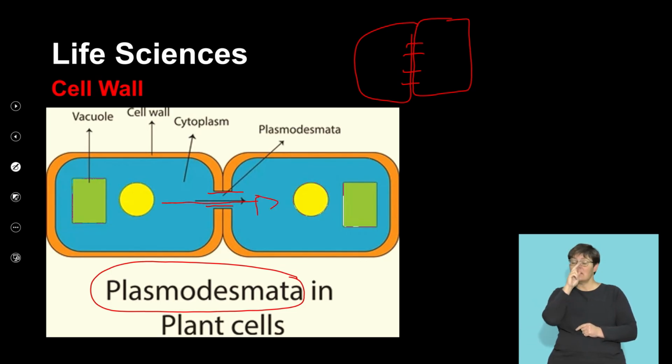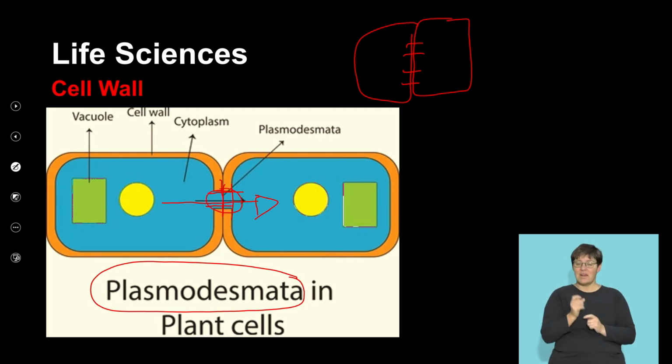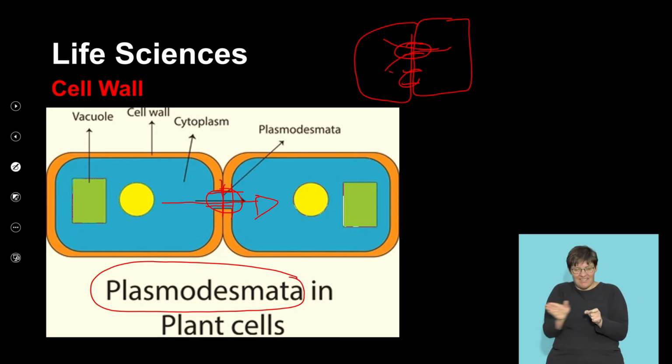What the plasmodesmata do, can you see? They allow the cells to communicate. So the cell membrane will still decide what comes in and out of the cell, because the cell membrane is still in between. But all I do is I don't have the solid cell wall in between these. And you can imagine they're like cytoplasmic strands that stream across from one cell to the other, because cells need to be in communication with each other.